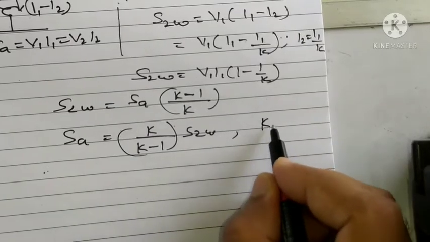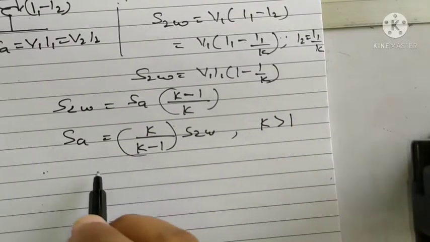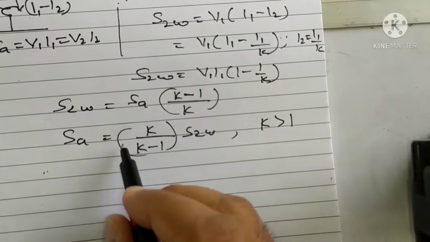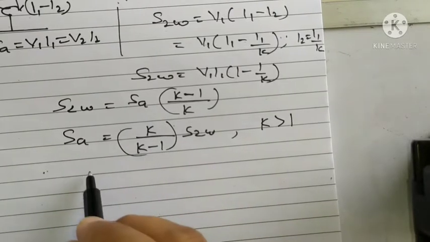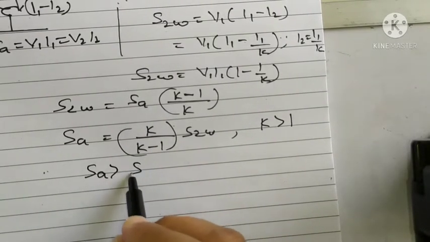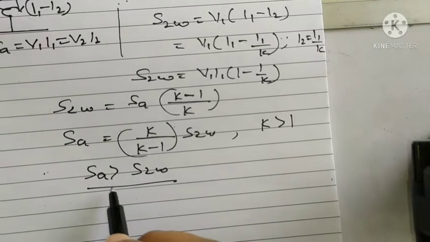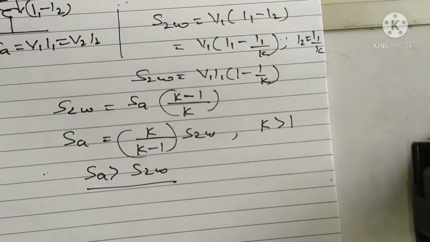So as it is step up, K is greater than 1, and if K is greater than 1, this value will be greater than 1, therefore S auto will be greater than S2 winding. So this is how the autotransformer kVA rating will be always higher than the two winding or conventional transformer.